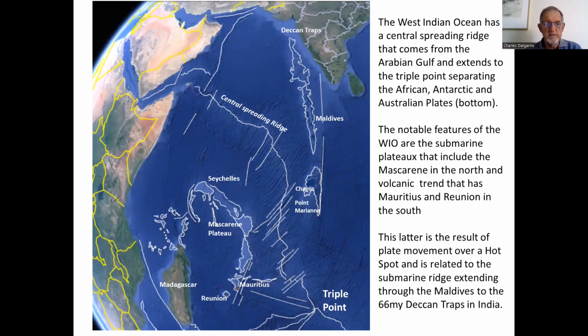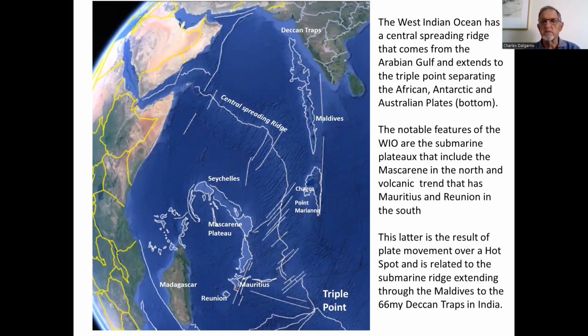So the plates have moved across that, including the central spreading ridge at some stage or other. And this has separated Point Marianne from the Mascarene Plateau. Now, Mascarene Plateau and Seychelles are actually mini-continents. They're not part of this story of the hotspot track.